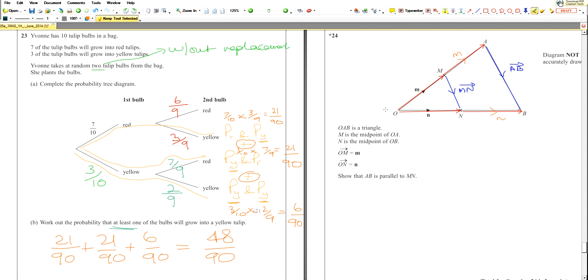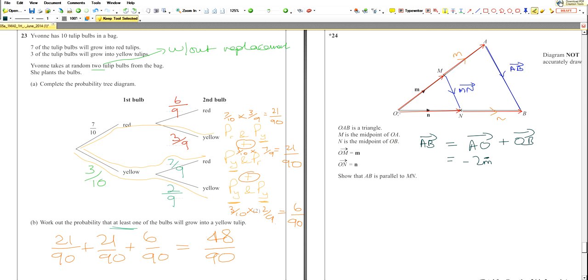We've got to go A to O, then O to B. So A to B is going to be equal to this way and then that way: A to O plus O to B. Now A to O is going to be, because we're going in the opposite direction of m, vectors are directional, minus m and another minus m, that will give us minus 2m. That little line indicates that this is a vector. And then plus OB.